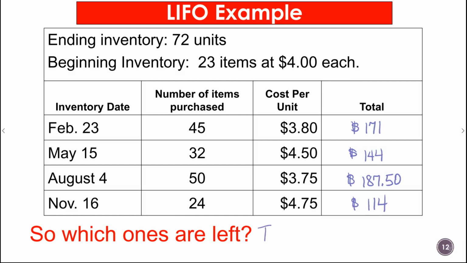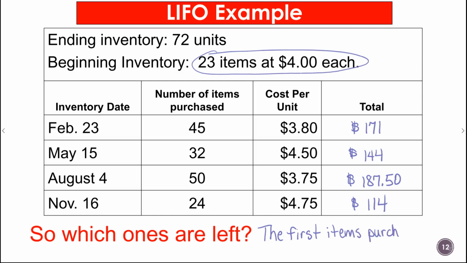That would be the first items purchased at the top of my chart, and that includes my beginning inventory. Obviously, if it was already in the inventory at the beginning of the year, it was purchased before February. That would make sense.